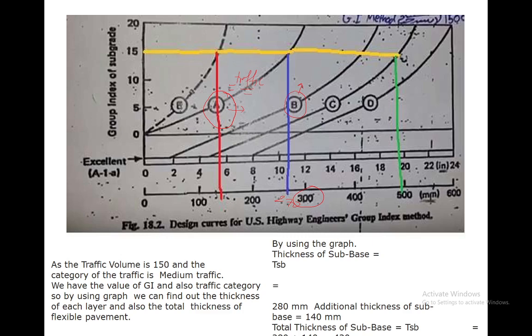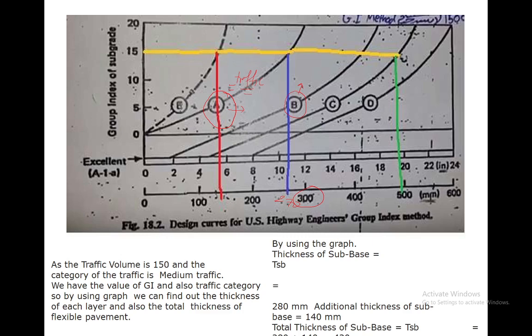If we talk about C, it gives the overall thickness for medium traffic, where the vehicle passes should be less than 300. If we talk about D, it is when we have vehicle passes of more than 300.